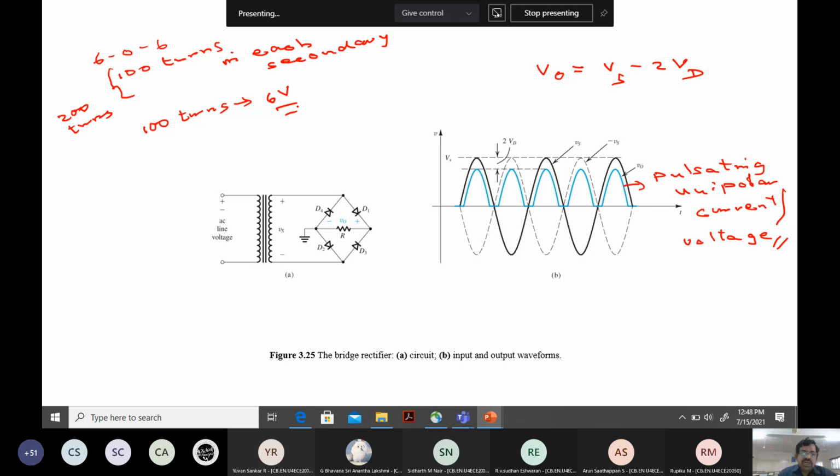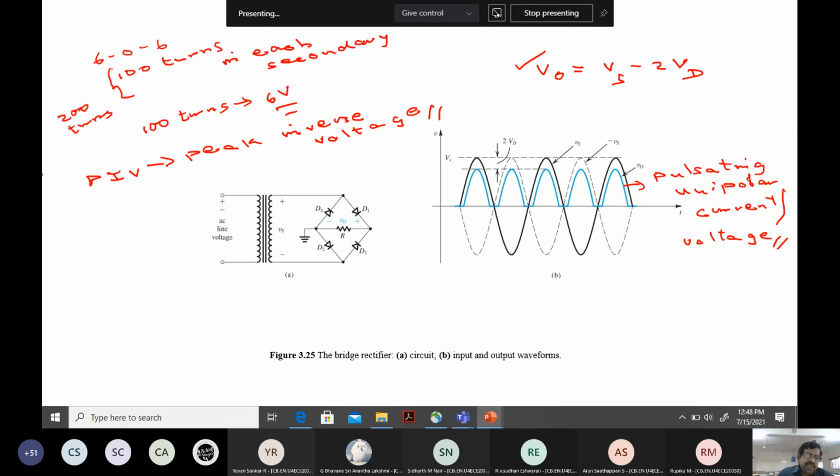Now, this output is discussed. Now, what about the peak inverse voltage? What will be the peak inverse voltage?